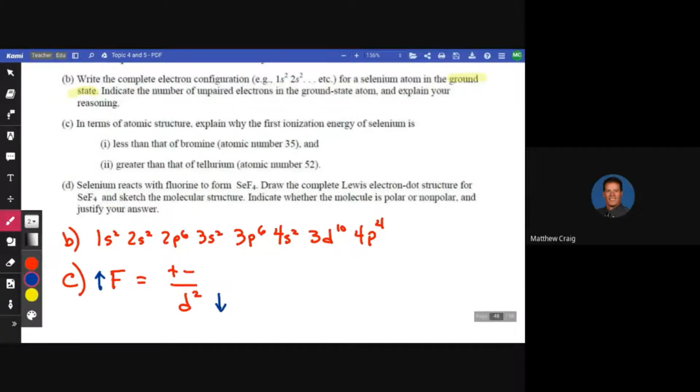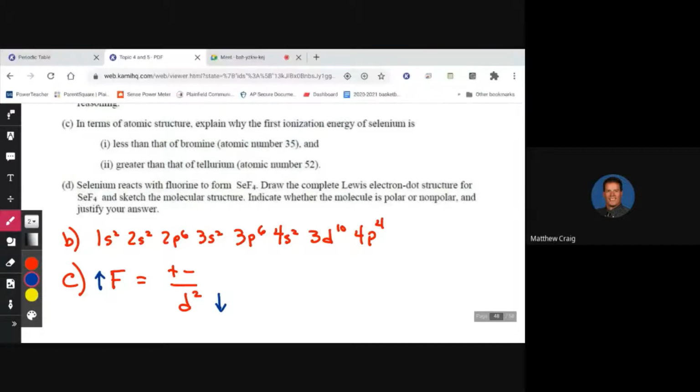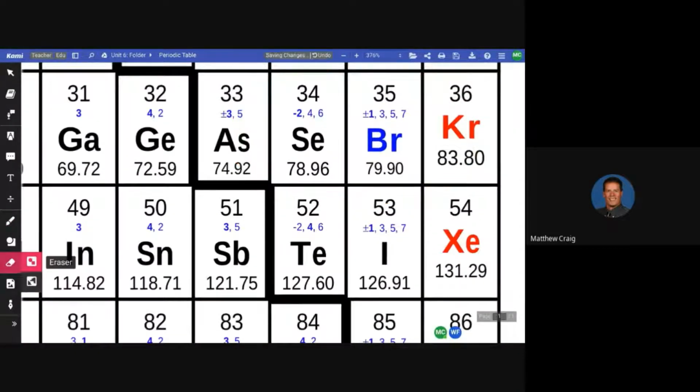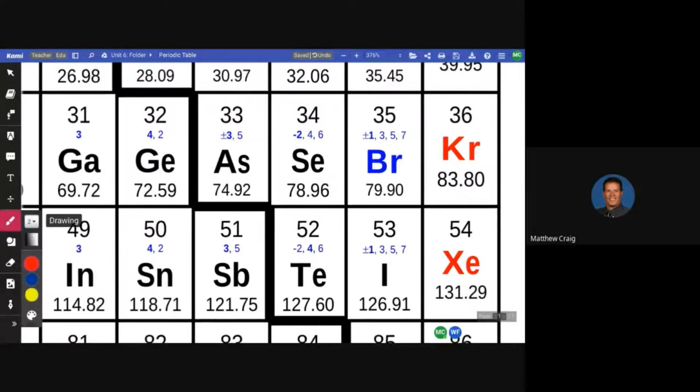The first ionization energy of selenium is greater than that of tellurium, element number 52, right below it. So we're now comparing these two. Selenium has a higher first ionization energy than tellurium. Why?